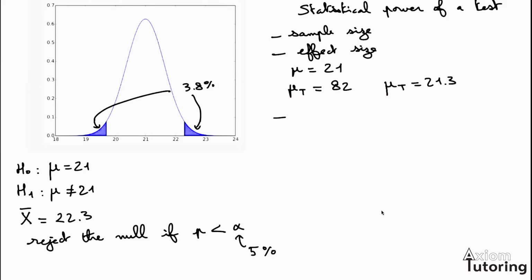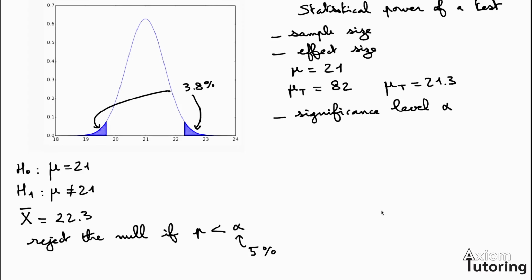The third factor that matters is the significance level, alpha. The higher the alpha, the larger the rejection region, and so the higher the power. But you need to realize that obviously that comes with a trade-off, because if you have an alpha that is relatively large, let's say 10%, that also increases your probability of making a type 1 error. We had said that the probability of making a type 1 error is actually equal to alpha.